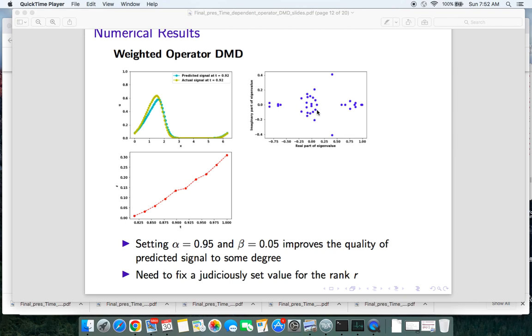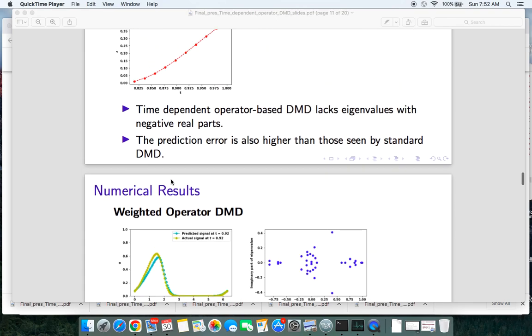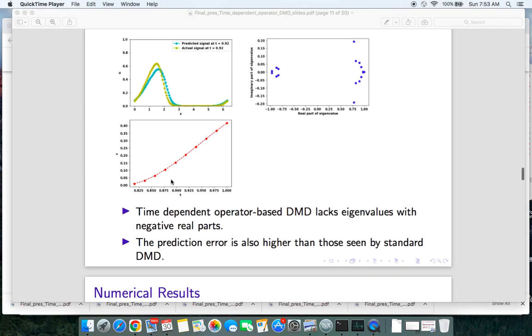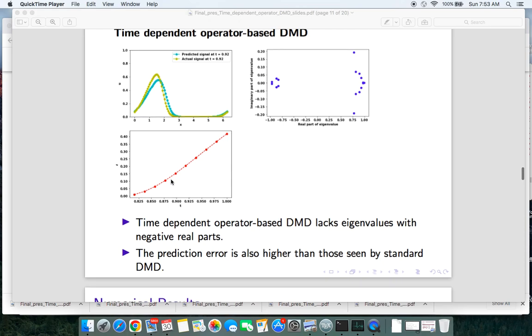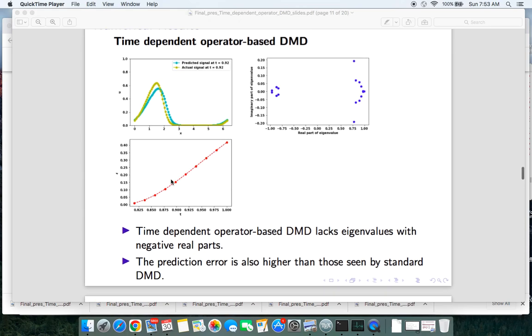And we can also see the occurrence of some negative real parts in the eigenvalues. And the error is rising as usual, but it's kind of doing better than time-dependent operator-based DMD.